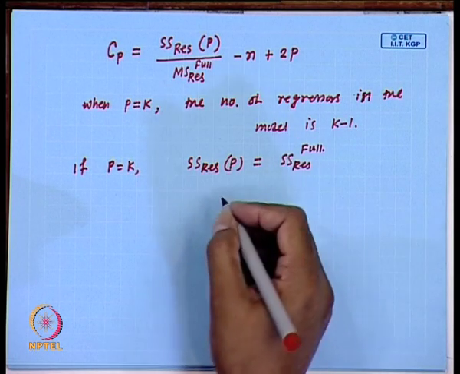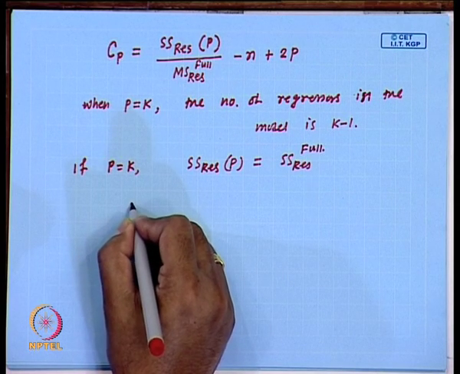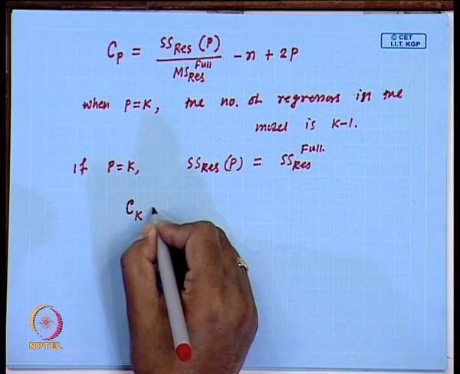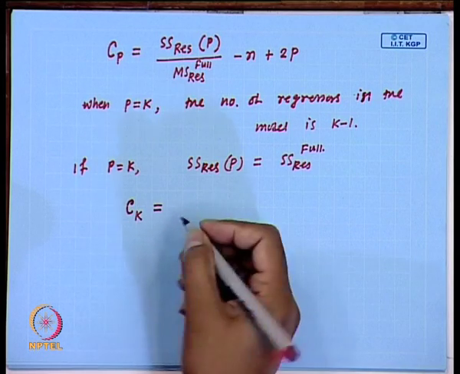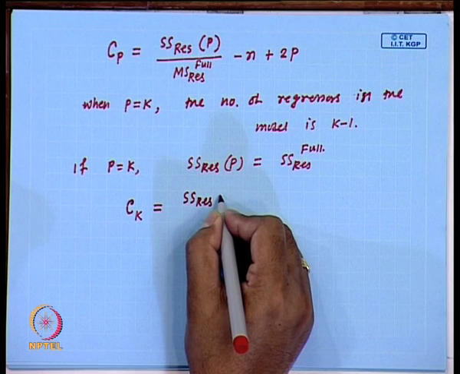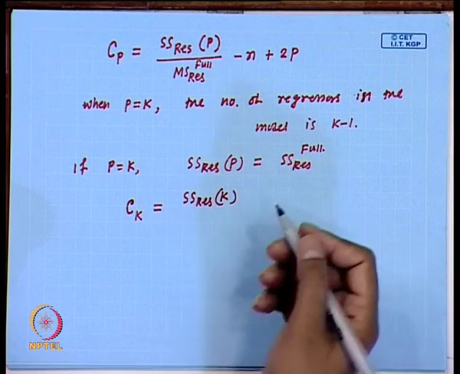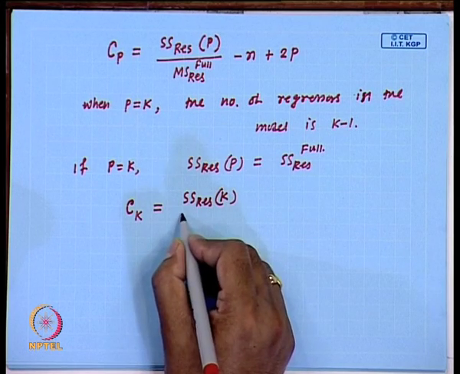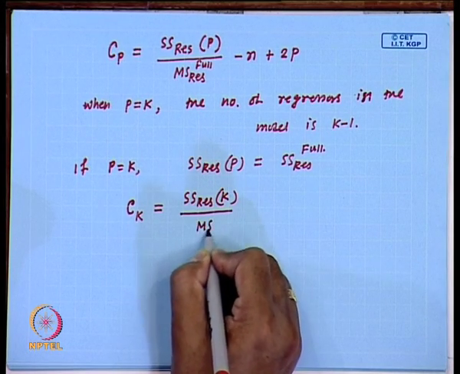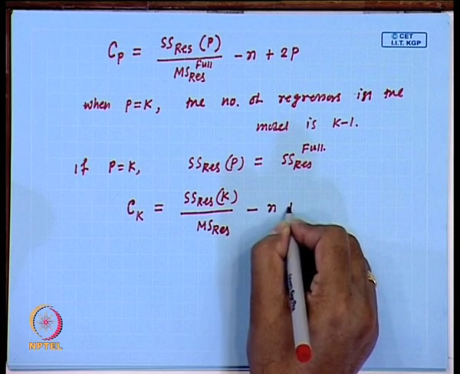Then what is the value of Cp when p equal to k? That means, what is the value of Ck? So, Ck is SS residual, in fact for the full model, divided by MS residual, minus n plus 2k.